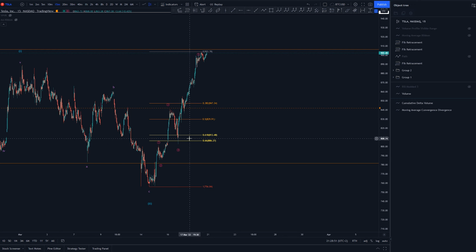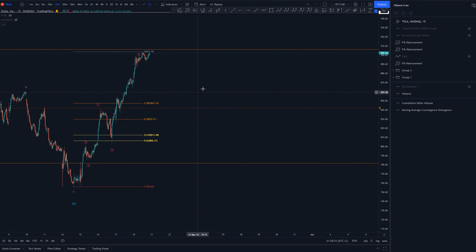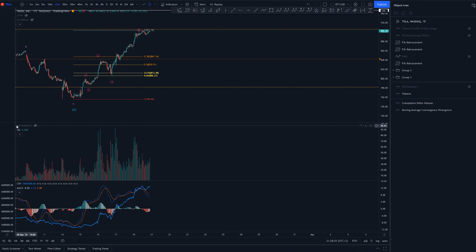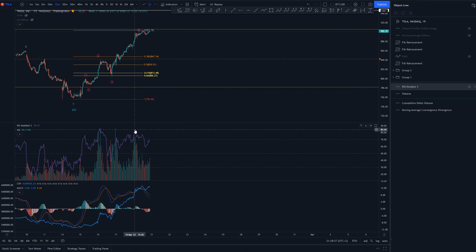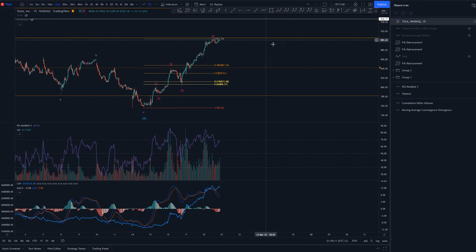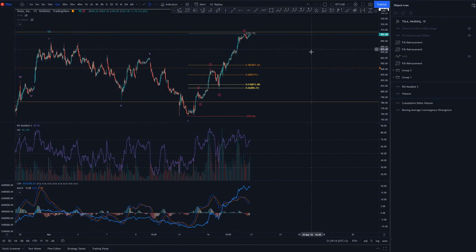Depending how you read this, let's check out the RSI for this. So highest reading here for this third. On this height, the third would be here. We already got a higher high here, so we could start looking for down movement.